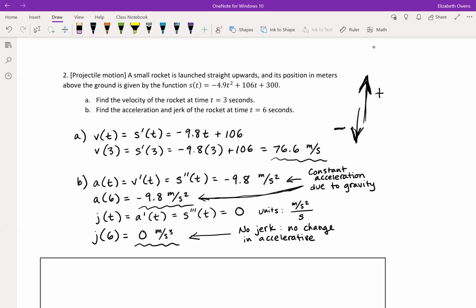So there's no change in acceleration, either in the magnitude or direction. It's always 9.8 meters per second squared, and it's always pointing in the same direction, downward, negative, toward the Earth. So there's our rocket problem.